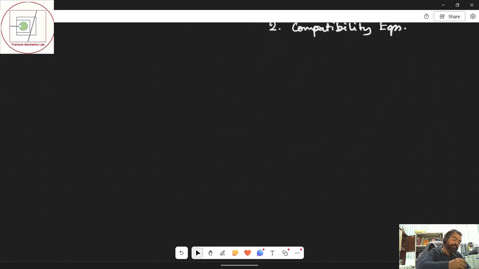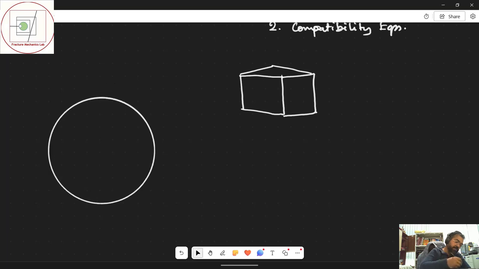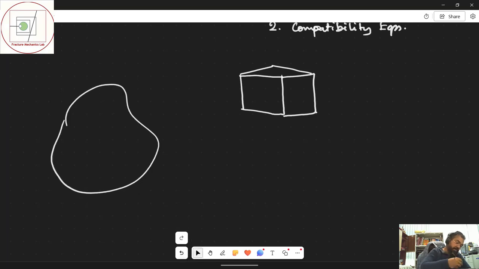So now let us examine the stress equilibrium, which is very basic, and I will do it as fast as possible. Imagine that on an object you have a point. On an object, there are an infinite number of material points you can have.